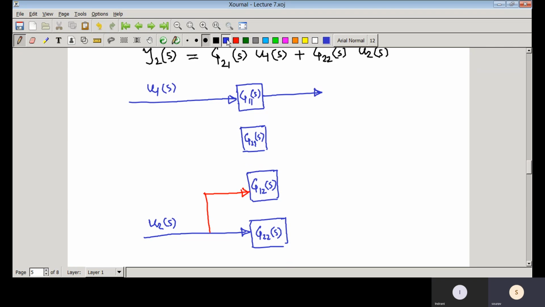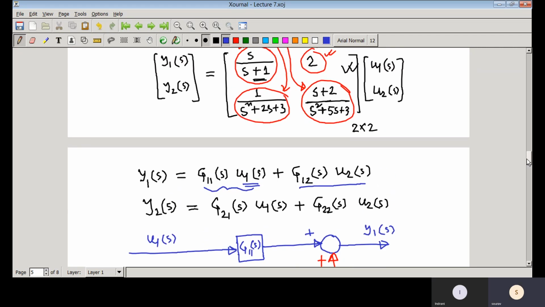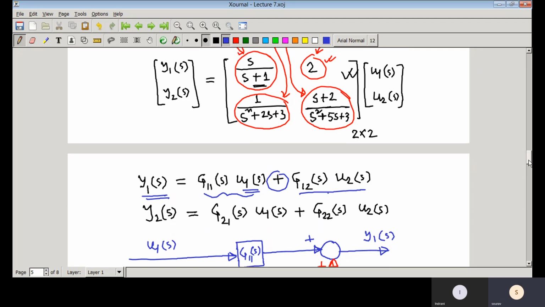Then here, if you take the sum of these two, finally you will get Y1(s).